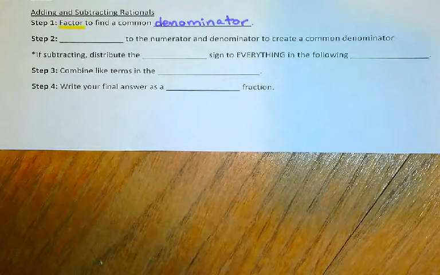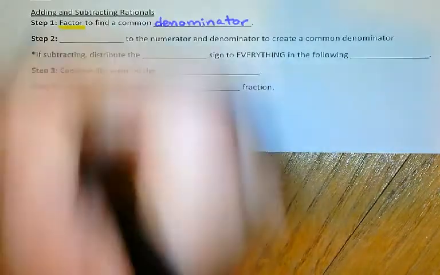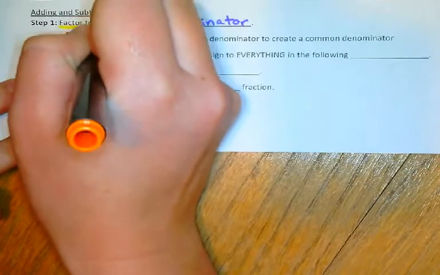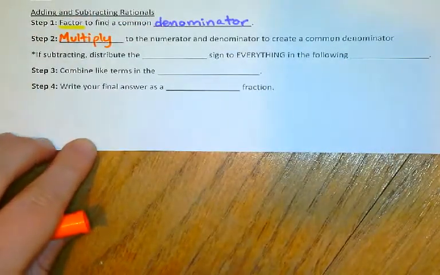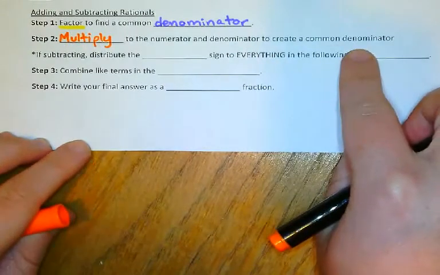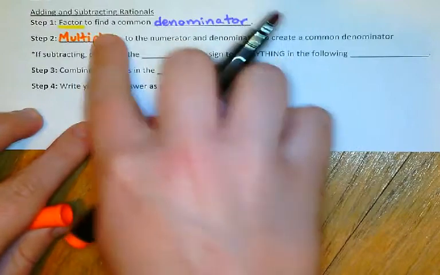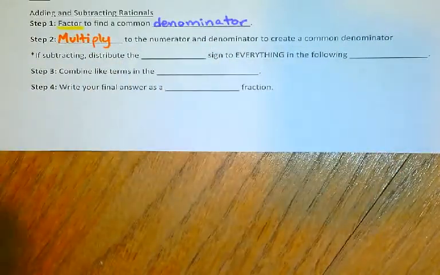Alright, step 2 is once you know what your common denominator should be, you need to multiply. You need to multiply to the numerator and denominator to create your common denominator. Alright? So first you factor to figure out what it should be, then multiply to make it happen.